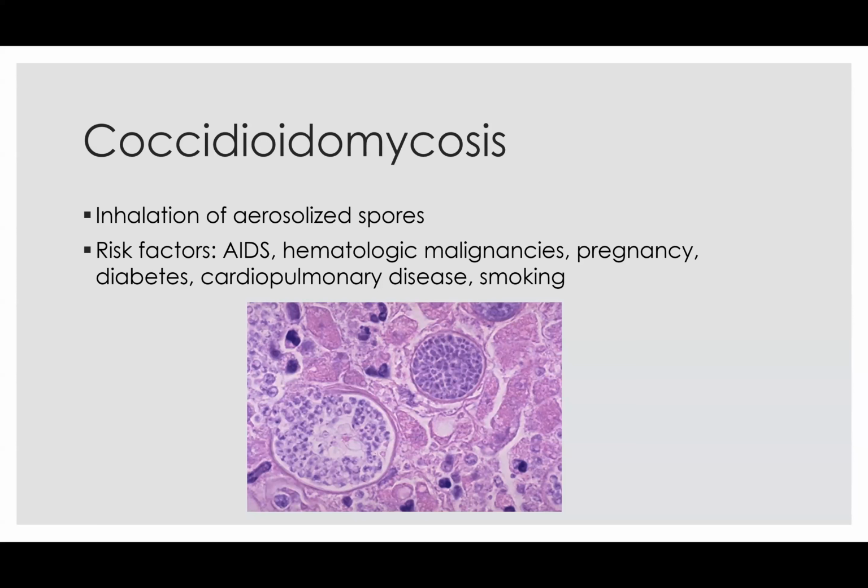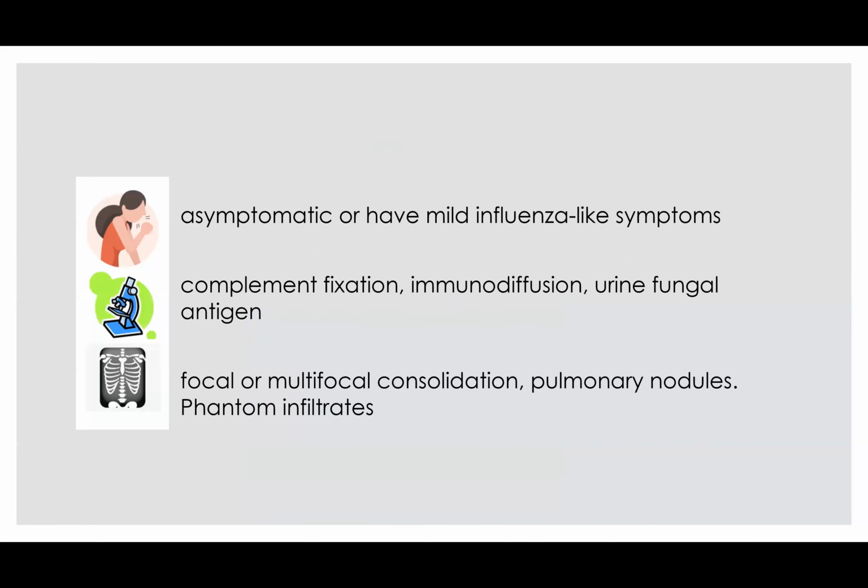It's usually described after natural disasters like earthquakes, dust storms, fires, and some human-related events like agriculture, recreational activities, etc. Risk factors for the infection include patients with AIDS, patients with hematological malignancies, pregnant women, diabetics, patients with cardiopulmonary disease, smoking, and I think the male sex is also said to be a risk factor.